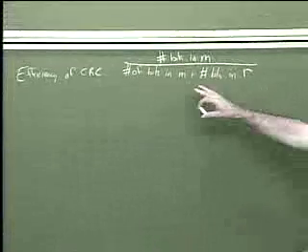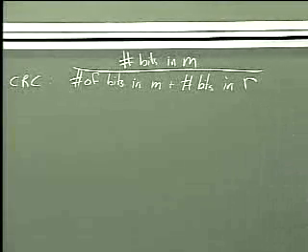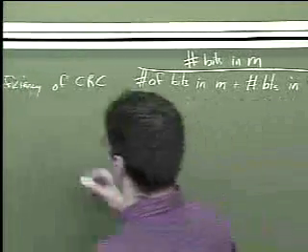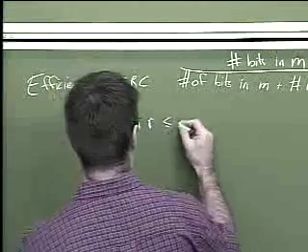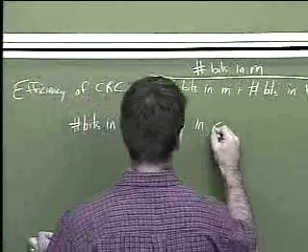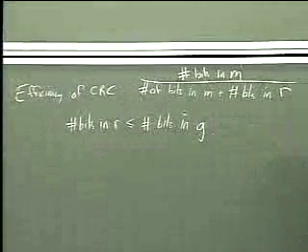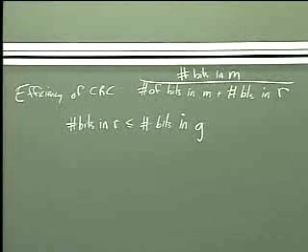Right? Every time we want to send an M-bit message, we have to send those M bits plus these bits in R. Okay? The number of bits in R is less than or equal to the number of bits in G. Right? I mean, because the remainder can't be bigger than this generator, the thing you're dividing by.